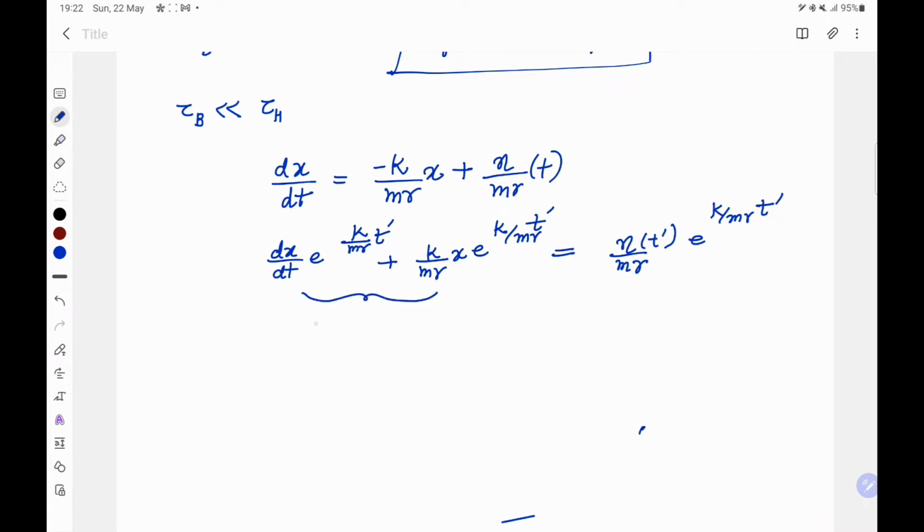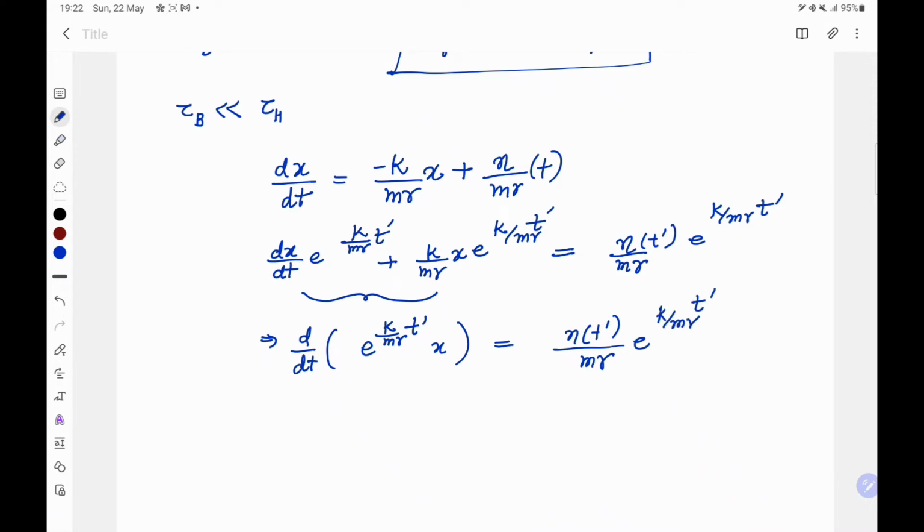And this thing is d by dt of e to the power k over m gamma t prime x t prime, x, just write x, and eta t prime over m gamma e to the power kappa over m gamma t prime.